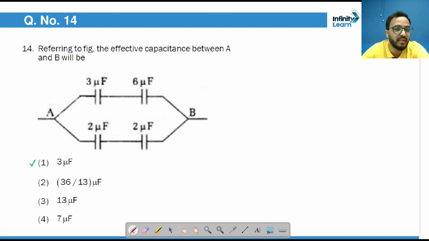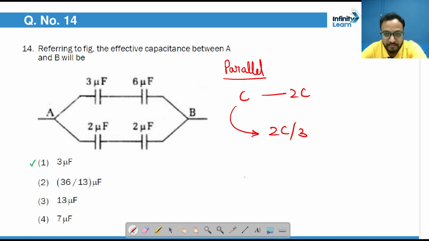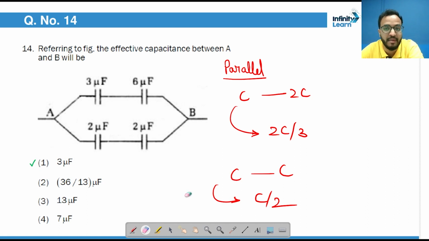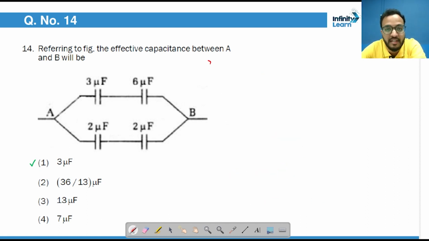Now here, oh brilliant. Effective capacitance, see, 3 and 6 in series. One thing I want to tell you students: if one is C and the other one is 2C, remember the answer is 2C by 3. And if there are C and C, then the answer is C by 2. Sorry, I'm so sorry, not parallel, series. That was for resistance, series.